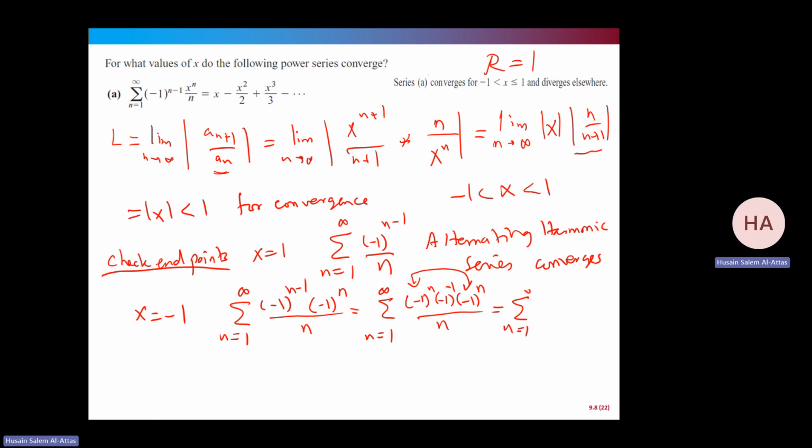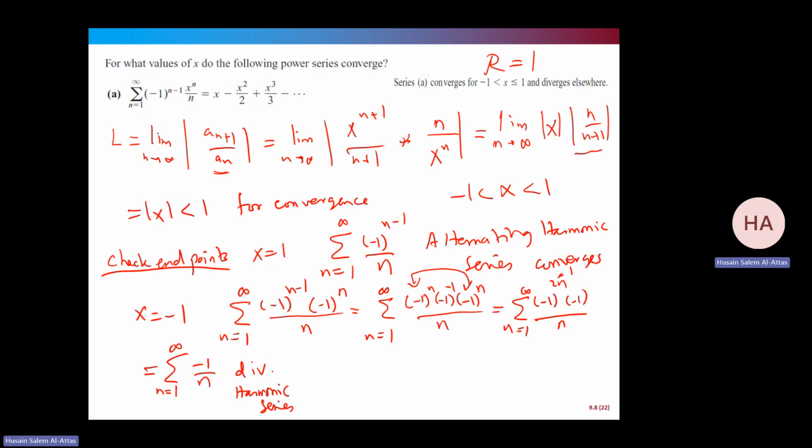Let me write it in detail. Minus 1 to the power 2n is exactly 1, because 2n is even. So I'm getting the series 1 over n, which is very clear, diverges, harmonic series.